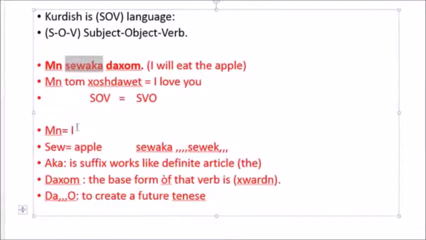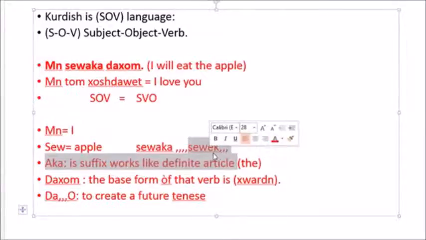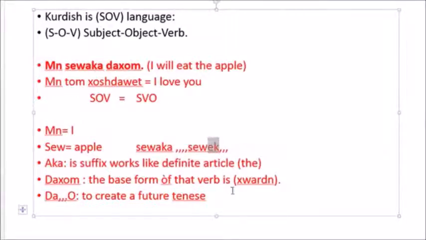It is sewaka because sew means apple, an apple, but we have two suffixes, aka and ek. Aka works like the definite article the, and ek works like the indefinite article a or an in English.